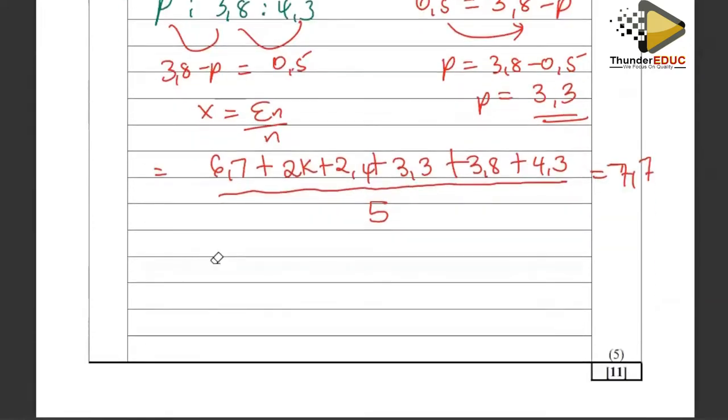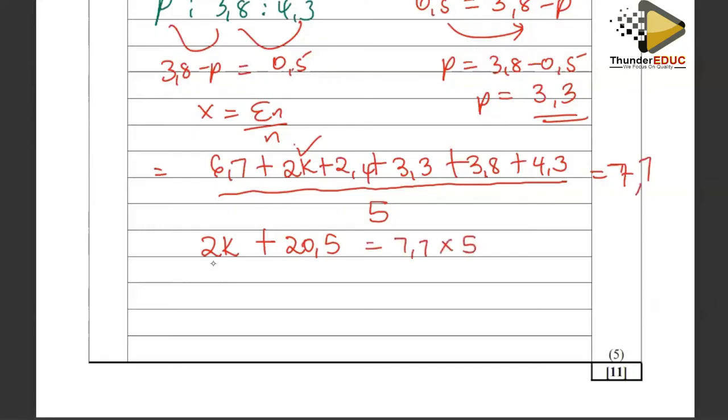Let me simplify my decimals and like terms. So this is 2K plus, when I add up all the other things, 20,5. This is going to be the same as 7,7.